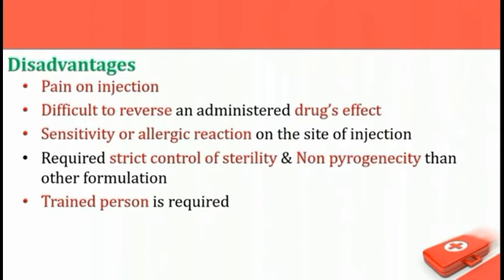Next one is slightly soluble. Slightly soluble means 100 to 1000 parts, and very slightly soluble means 1000 to 10,000 parts. And the last one is practically insoluble. Practically insoluble means more than 10,000 parts. Okay, so these descriptive terms are most important for your GPAT exams because the solubility terms and their parts are asked in the GPAT.